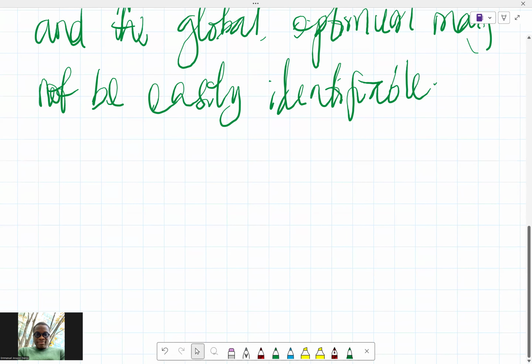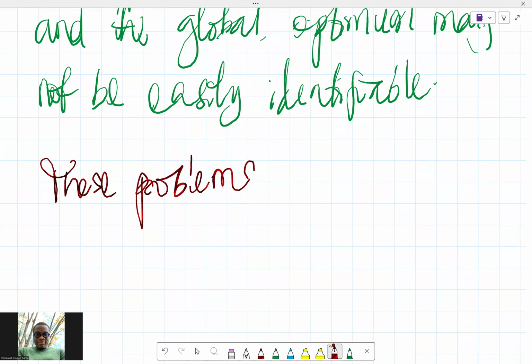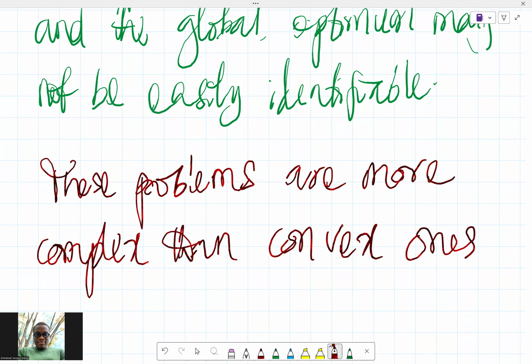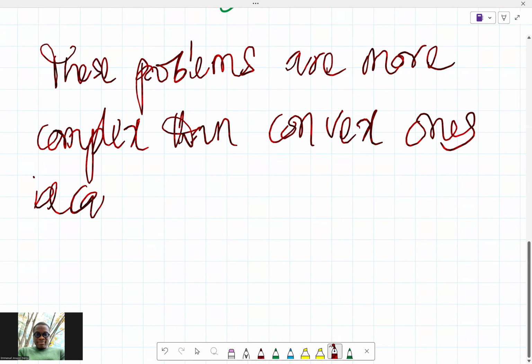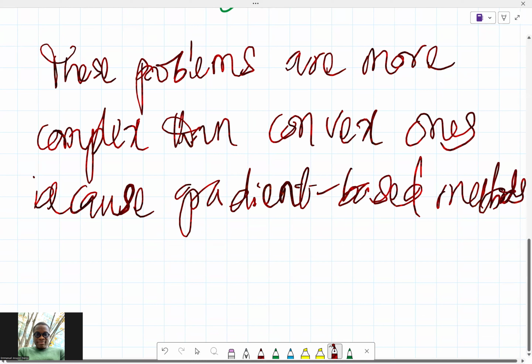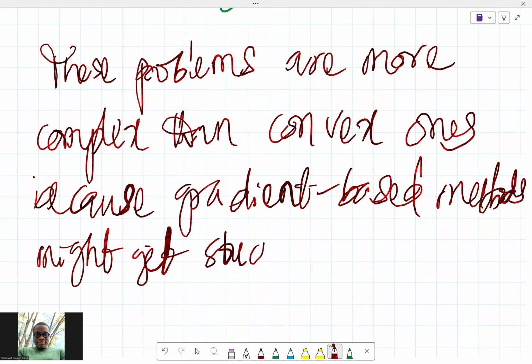All right. Now, these problems are more complex than convex ones because gradient-based methods might get stuck in a local extremum.